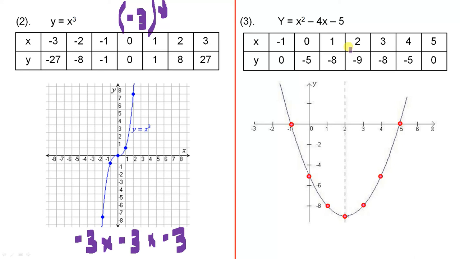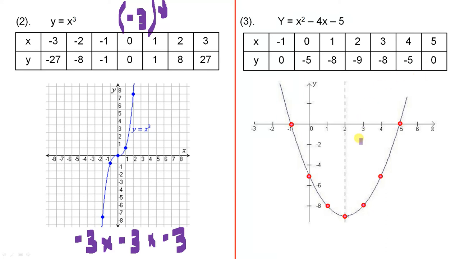Over here we have an x squared. Normally when you have an x squared, you have a parabola, a curve that looks like this. So we put down some x values. We substitute each of these x values into here, one at a time, and they're the y values we get.